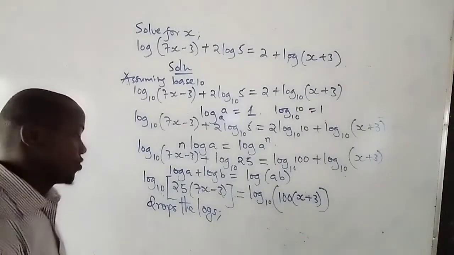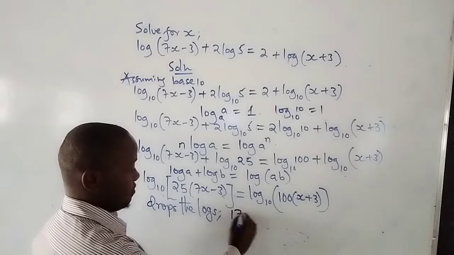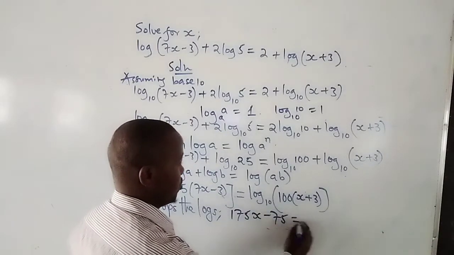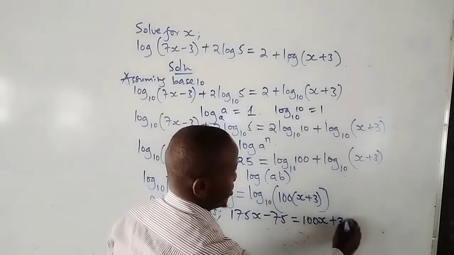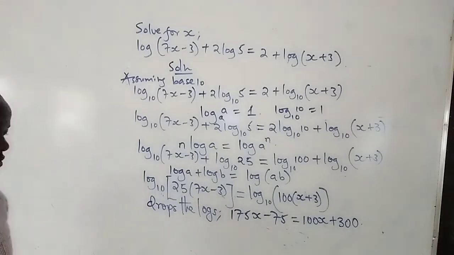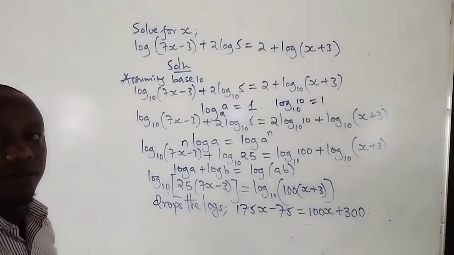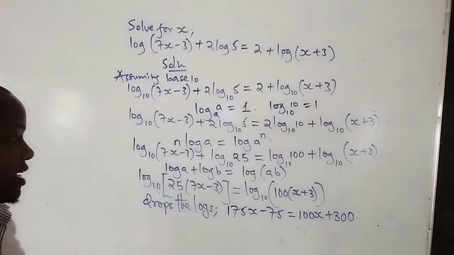Then we continue solving and we will say this is 175x minus 75 is equal to 100x plus 300. So we can open the brackets that way. After opening the brackets, we can group the like terms together.